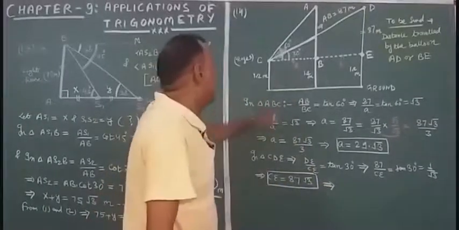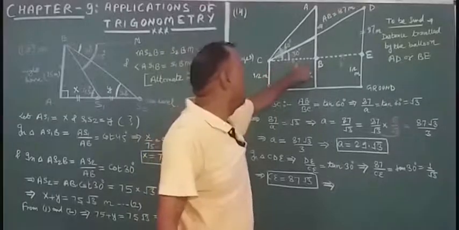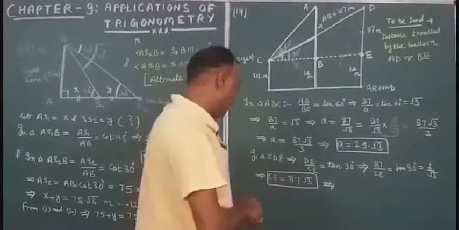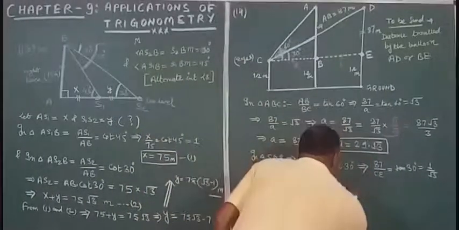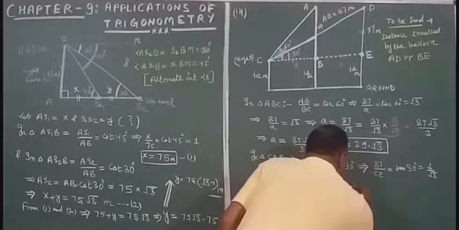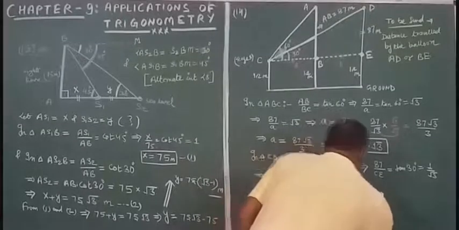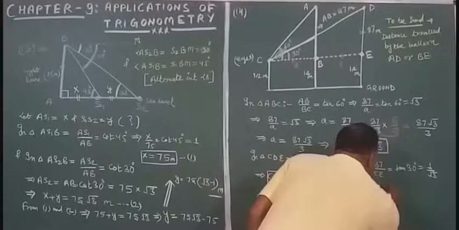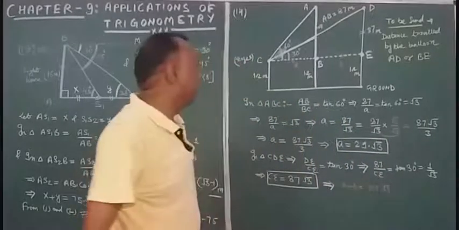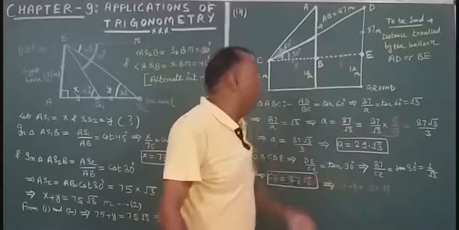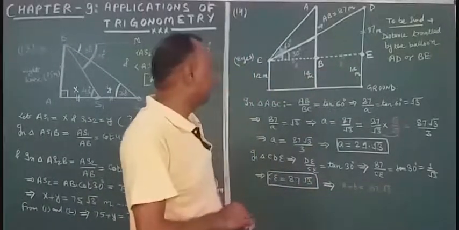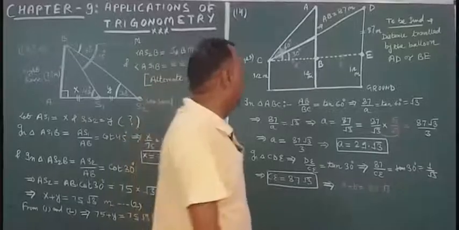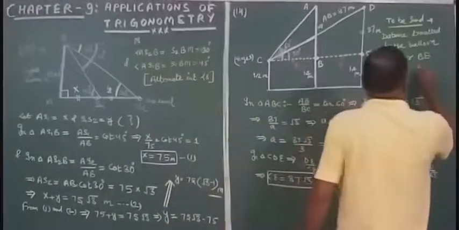CE I have taken as A plus B. A plus B is how much? 87 under root 3. We have to find the value of this one, AD or BE. What I have taken this?